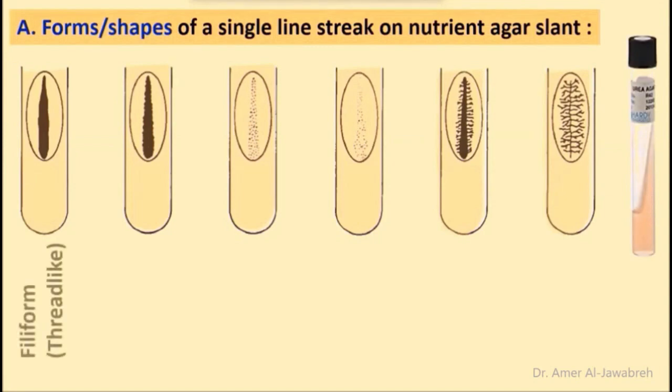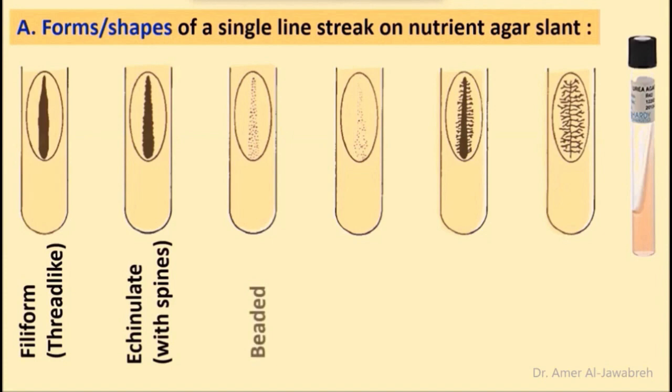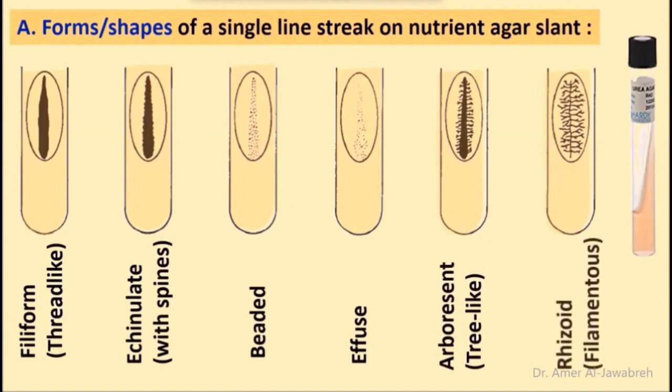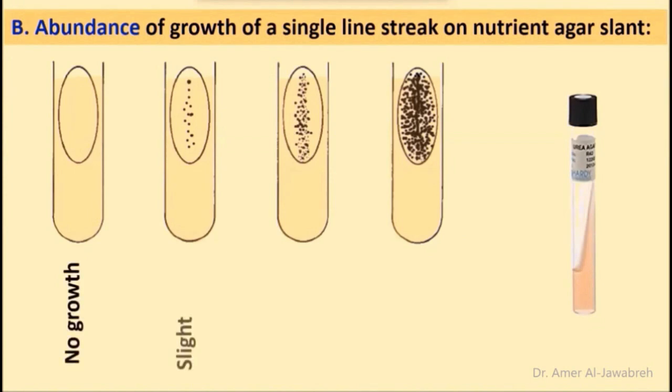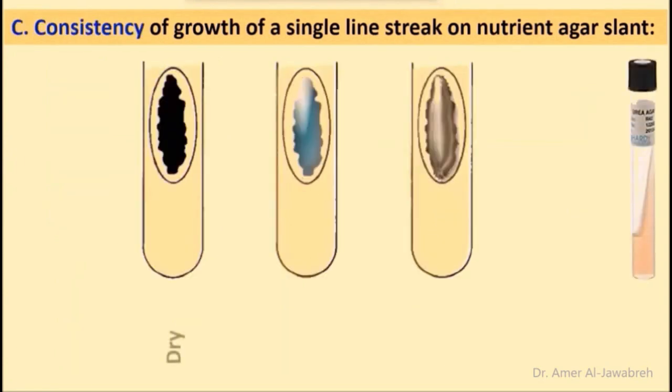Characterization of bacterial culture in agar slant. Form may be defined as filiform, acuminate, beaded, effuse, arborescent, rhizoid, and/or spreading. Abundance of growth can be listed as no growth, slight, moderate, and large. Consistency of growth is either dry, buttery, mucoid, and brittle.